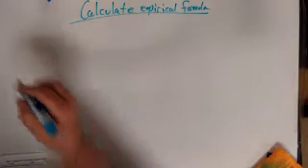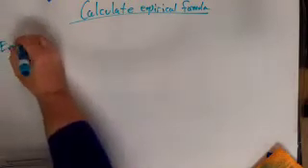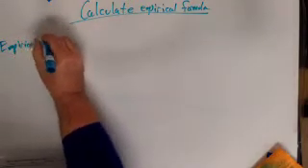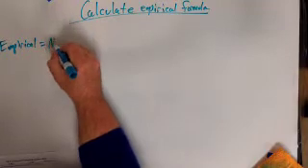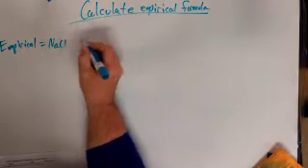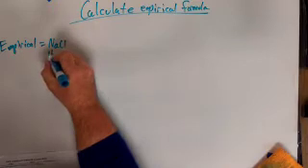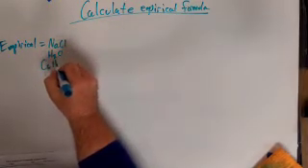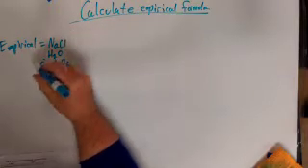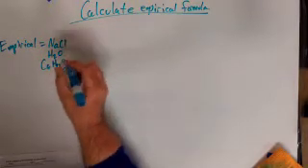Now remember, the empirical formula is going to tell you the actual number of atoms. So all ionic compounds like sodium chloride are empirical formulas. H2O is an empirical formula. C6H12O6 are empirical formulas. Okay?